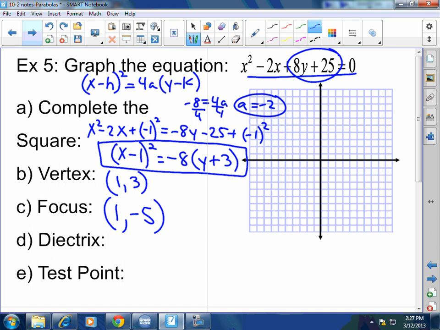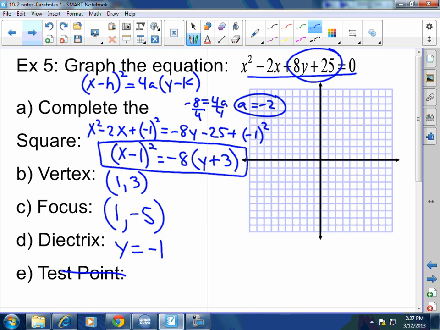My directrix, since it's an x squared equation, is going to be a y equals directrix. And y is going to equal, this time for the directrix, k minus a. So k, which is negative 3, minus negative 2, is going to be negative 1.